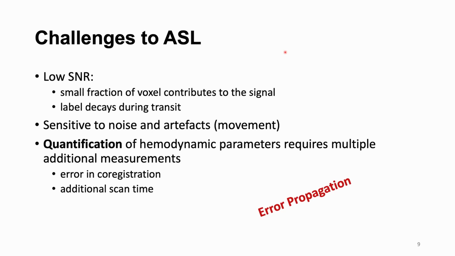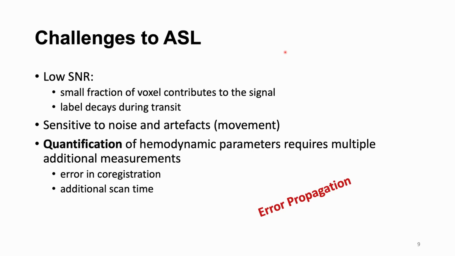One of them is that it's a low SNR technique in the first place, because it's a very small fraction of the voxel that's actually contributing to the signal due to what the perfusion rates are. Also, this label is decaying during the transit between the time you create this perturbation in the neck, in the carotids, and the time it arrives at the tissue. So there's a lot of T1 decay there.